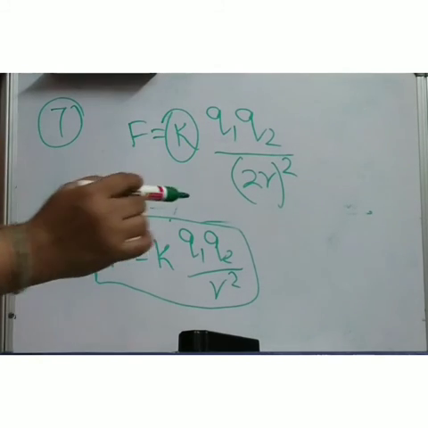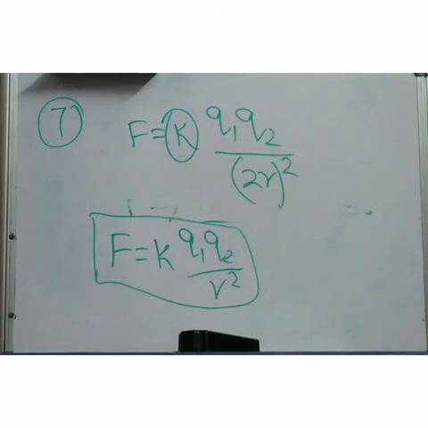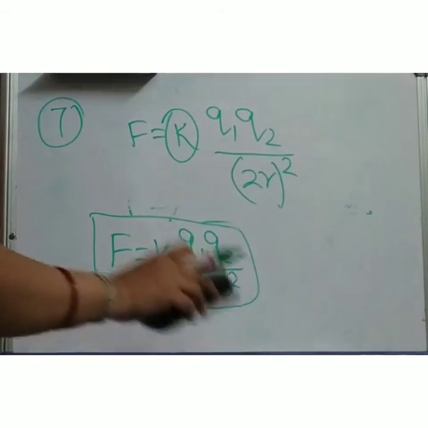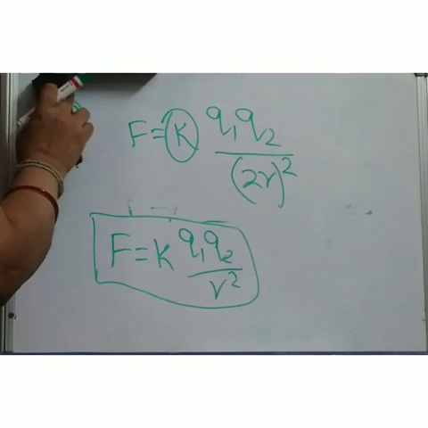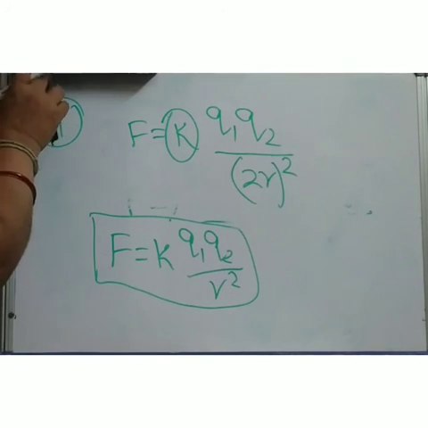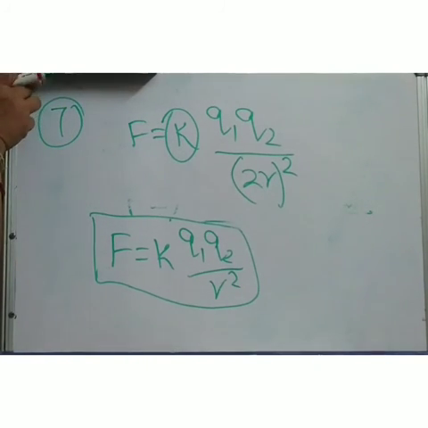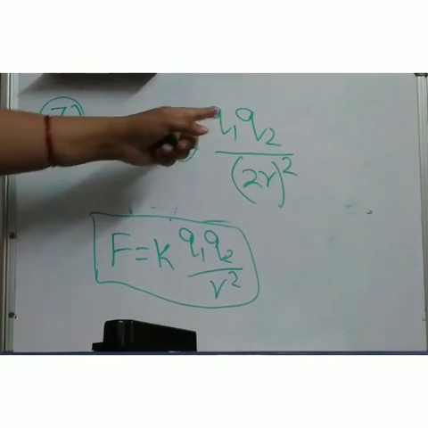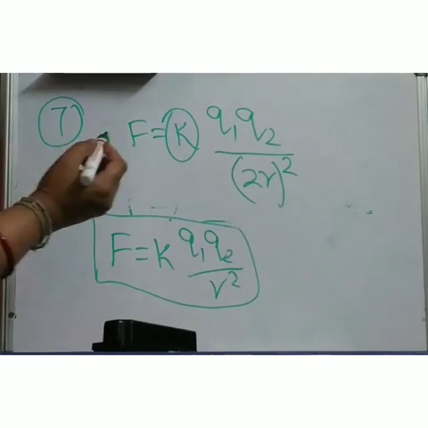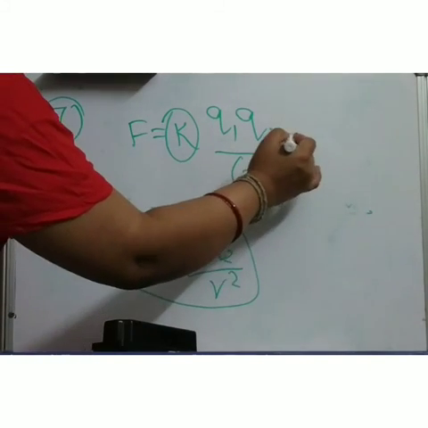It has meaning and it has a value. If you want, I can discuss it in the next lecture, but you have to leave a comment. I don't want to go too extra because time is less and boards are coming. So F is equal to K Q1 Q2 by (2R) square.